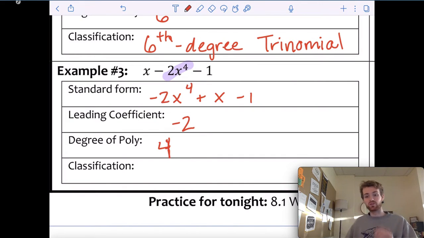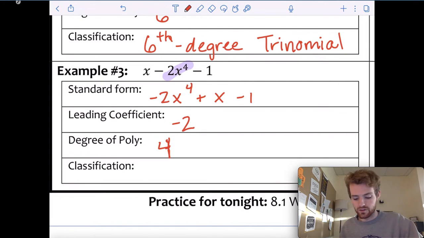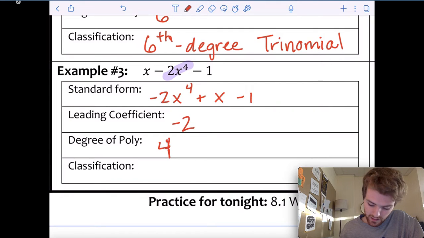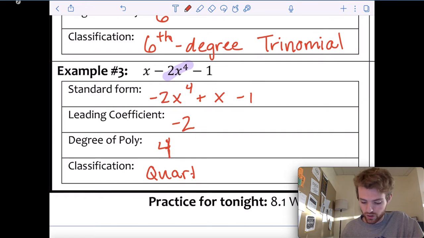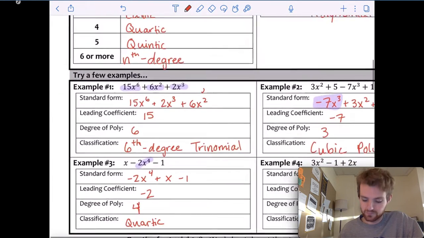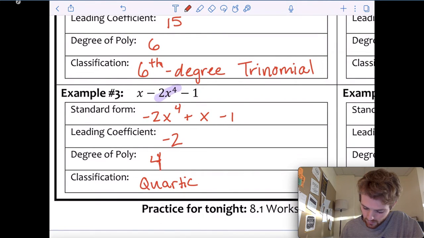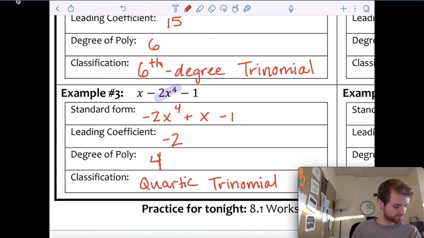That's going to be really important for you to just rattle off and know. It's okay if you look at your notes today. This is going to be a quartic. It's like quarter. There's 4 quarters in a dollar. Quartic. And there's 3 terms, so we have a trinomial.